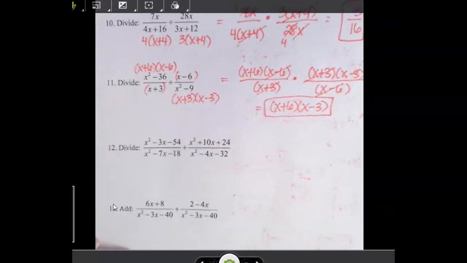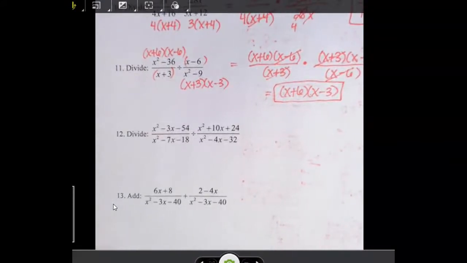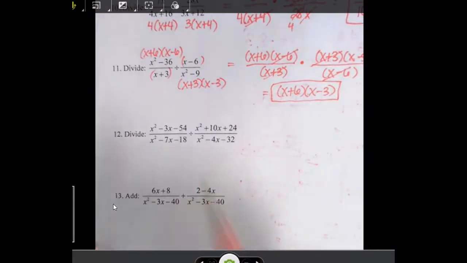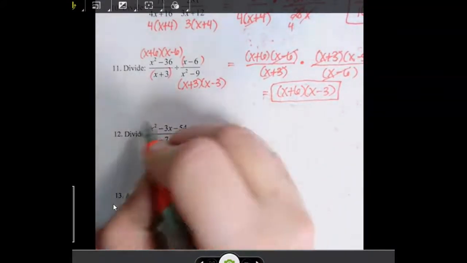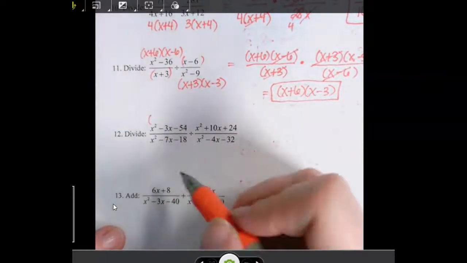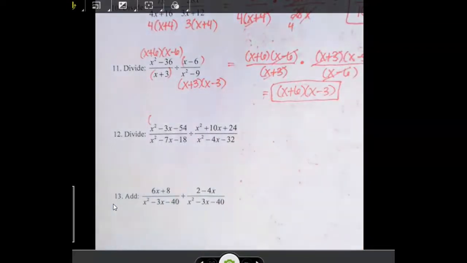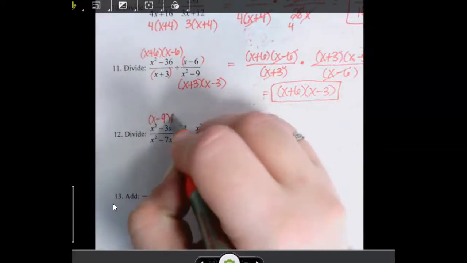All right, so number 12, another division problem, and this one has a bunch of trinomials, so we just got to factor, factor, factor. All right, here, notice it's 54, negative 54, so factors of 54 that add to negative 3 would be negative 9, positive 6.